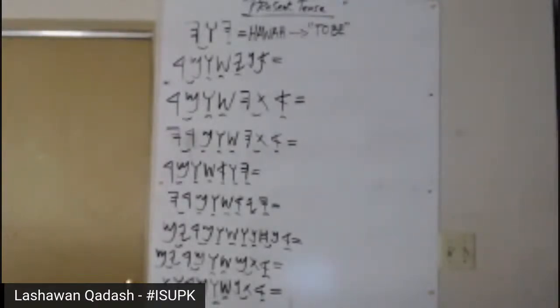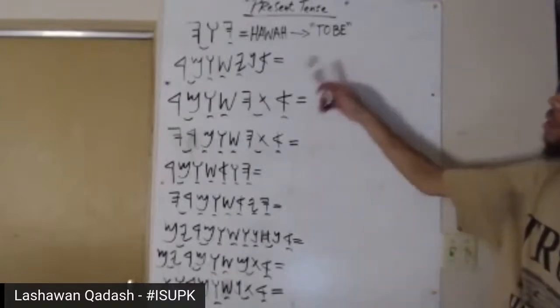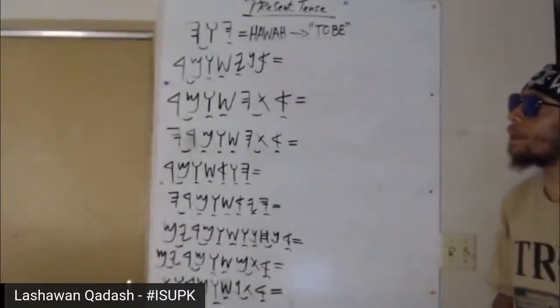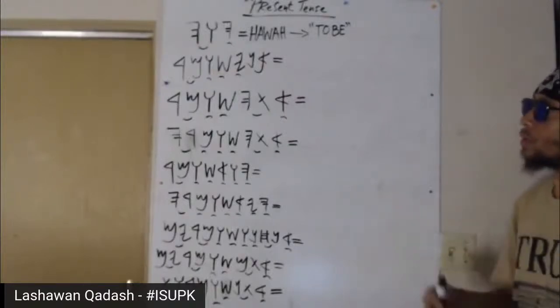It is a fundamental verb used to indicate the existence of an entity, for example a person, object, or abstraction, and it can also relate to an entity's qualities or characteristics. That's what hawa means, and you're going to see this word a lot in Hebrew when we go over certain things.